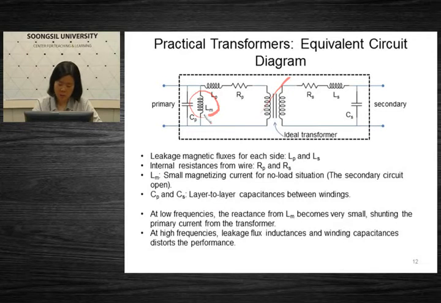So that should be represented by another symbol, Lm. Now, also, since we have many wires, these wires can create a small internal capacitance. This internal capacitance is represented by Cp in the primary part and Cs in the secondary part.